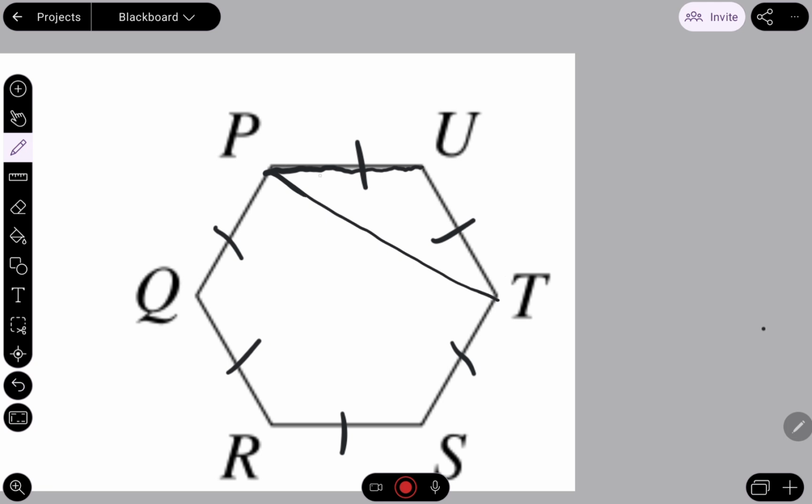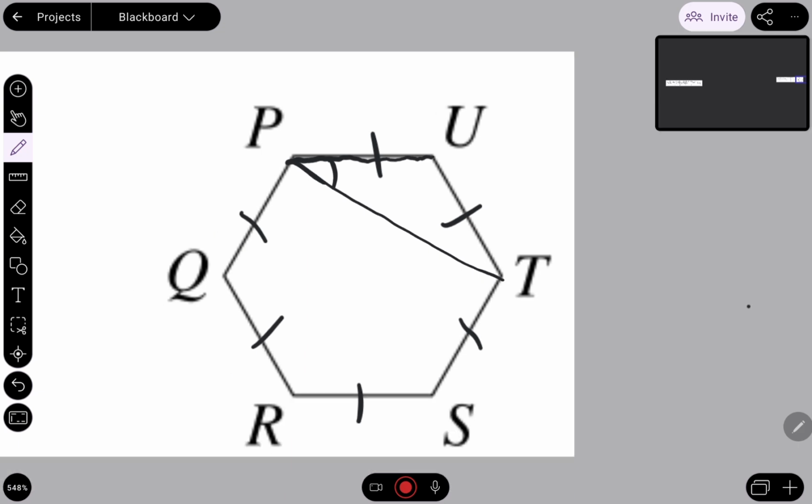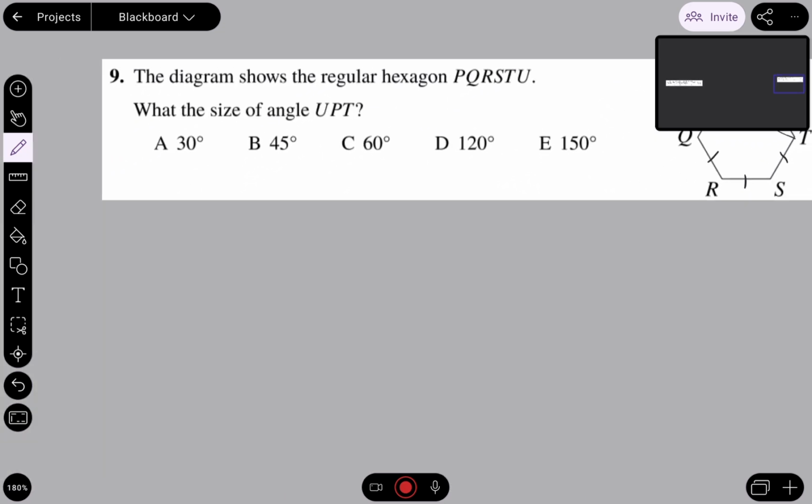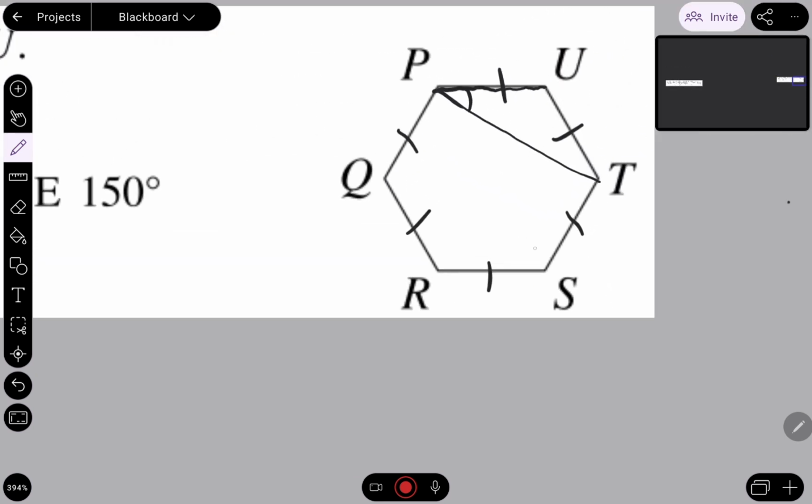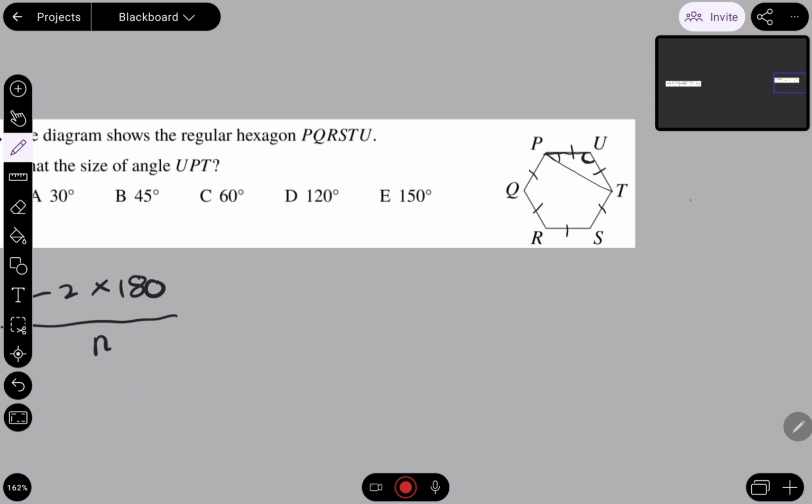That goes from P to T. And since UPT, we're looking at this angle. Well, because it's a hexagon, we need to apply a formula. We need to apply n minus 2 times 180 divided by n to get one internal angle, aka this angle that I'm drawing in.